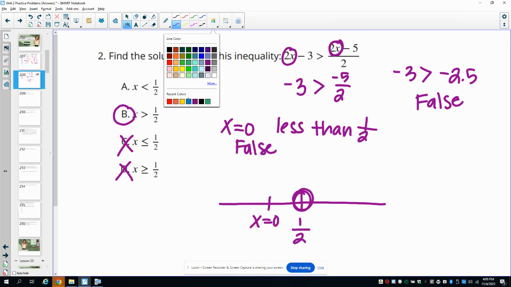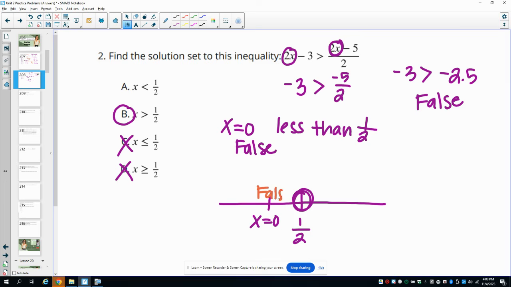And when I plugged in x equals 0, I got a false statement. So numbers below 1/2 are not the solution. So that means that numbers up here are the solution. These ones are going to give us the true statements, and these are the values that are bigger than 1/2.